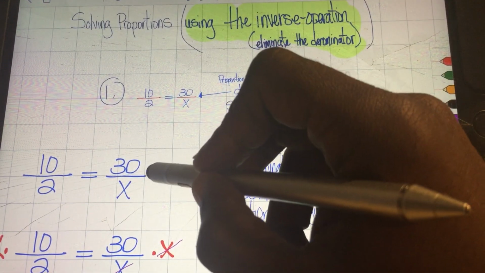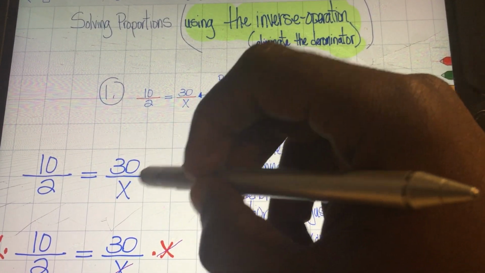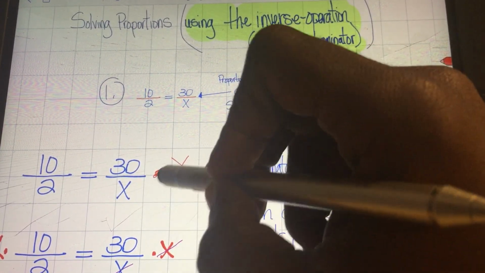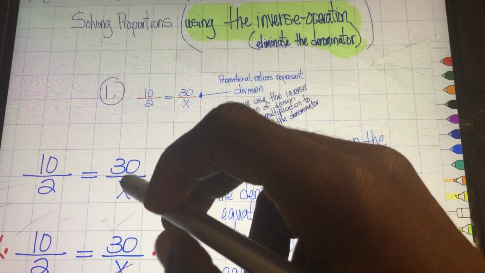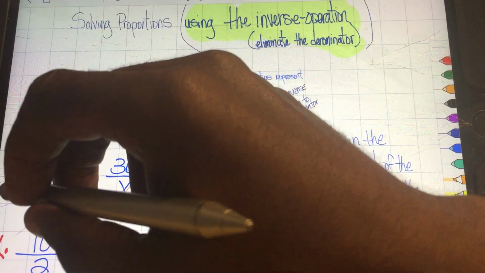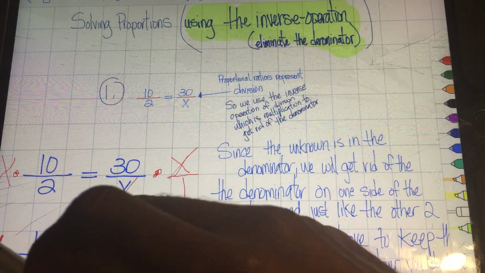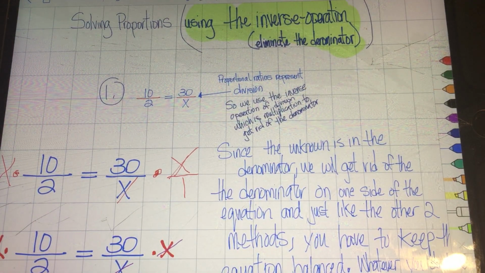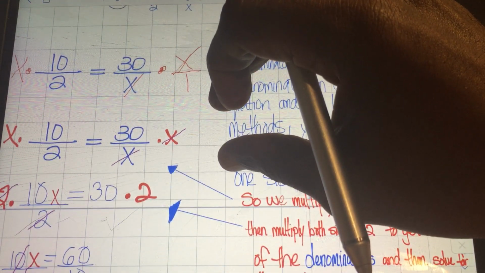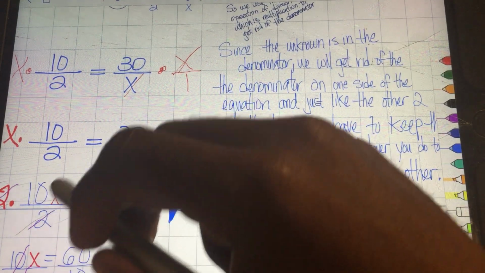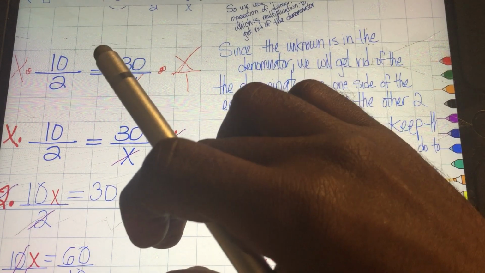In order to do that, we can multiply this ratio, this expression, by x, which is like saying x over 1. And that would cancel out our x's on this side. Whatever we do to one side, we have to do to the other. And so we multiply 10 by x and we get 10x halves, is equal to 30 times 2, which is 60.